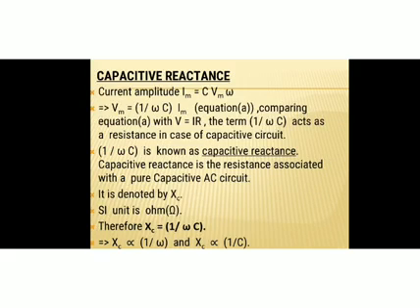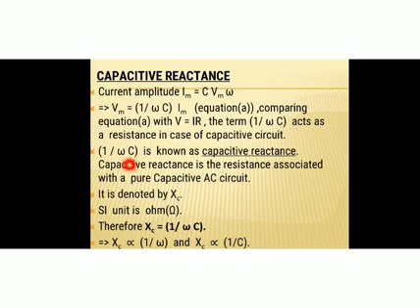So Im is equal to C Vm omega, and therefore Vm is equal to Im by omega C. When you compare this expression with Ohm's law V equal to IR, here instead of I we have Im, instead of R we have 1 by omega C. So 1 by omega C acts as resistance in the case of capacitive circuit.